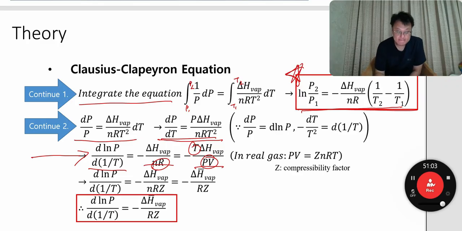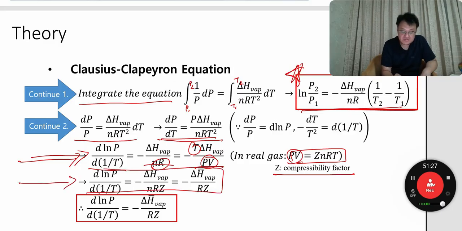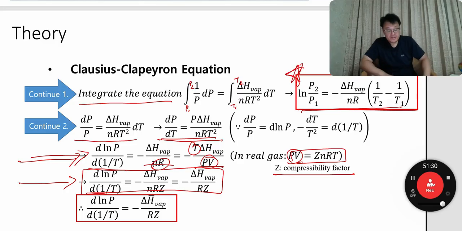Now, the point is, if the thing would be ideal, then you can consider your equation to be like this. But when you introduce the compressibility factor for the real gas, then you can come up to this equation, okay. And then ultimately you can come up with this equation.